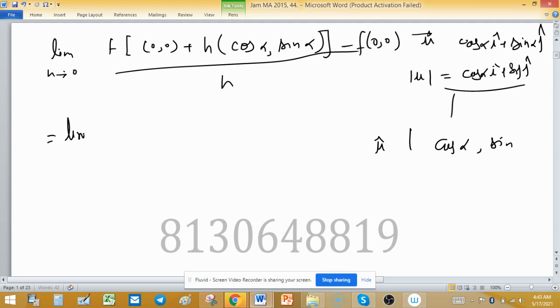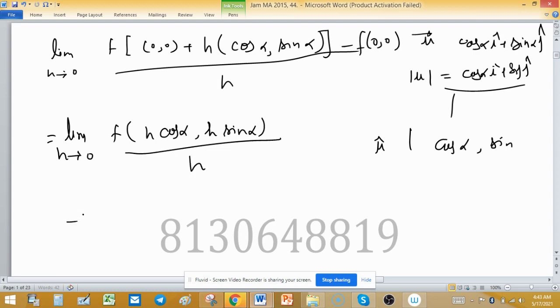So this will be equal to limit h tends to 0 of f of (h cos alpha, h sin alpha), and the value of f(0, 0) will be 0, divided by h. So we have to find the limit as h tends to 0 of 1 upon h times (1 plus h cos alpha divided by h sin alpha squared).